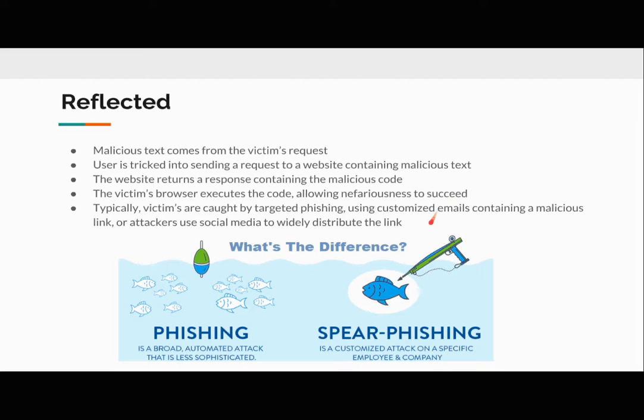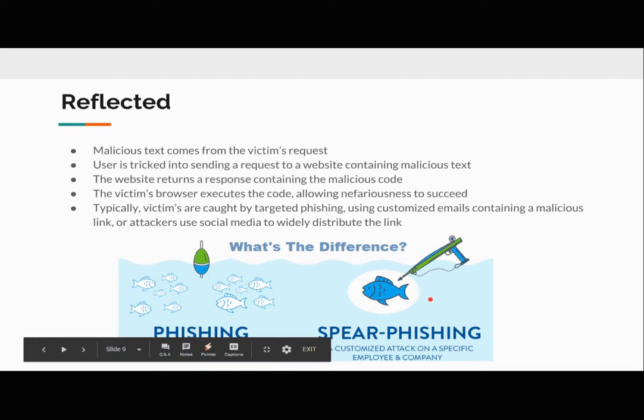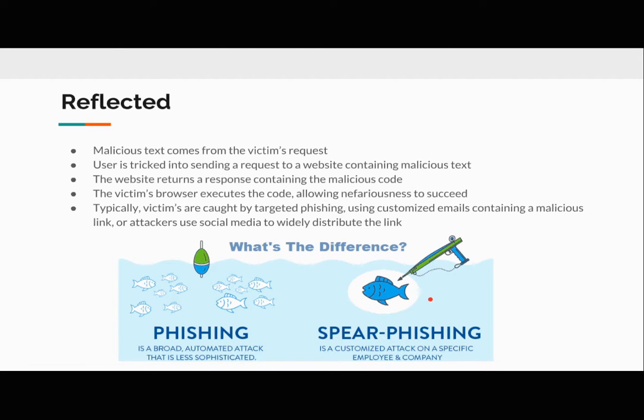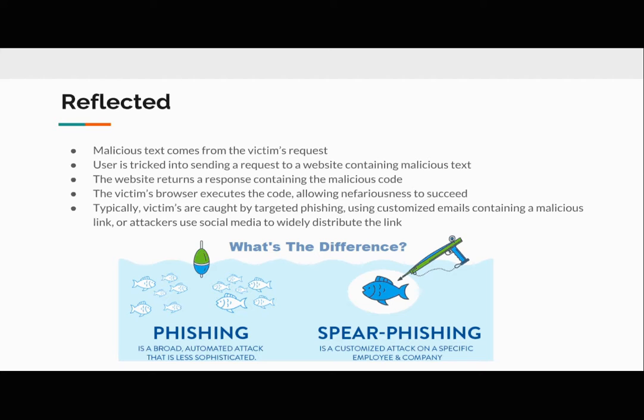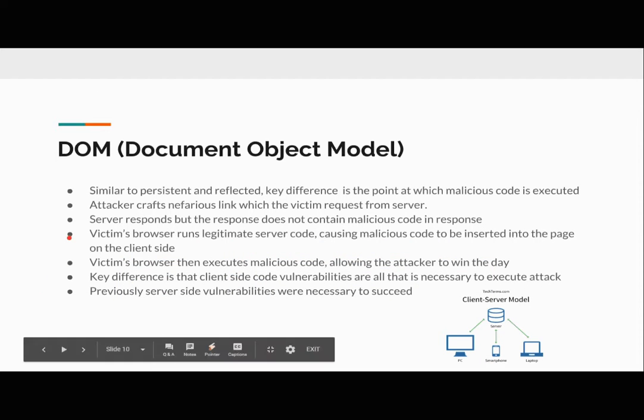So typically in these kinds of attacks, they're oftentimes spear phishing. So specific users are targeted using some social engineering, or also there are cases where there's sort of a large wide net phishing type attack where perhaps somebody posts a malicious link on a social media site and tries to get that widely distributed.